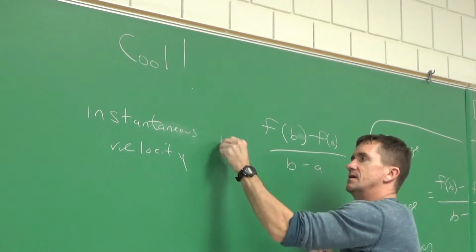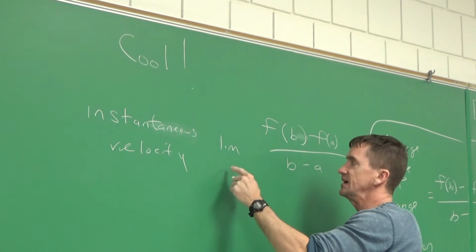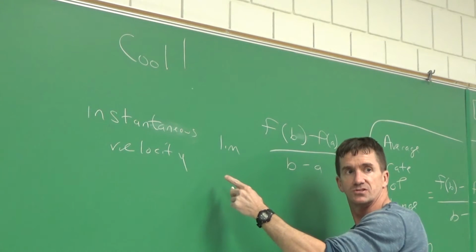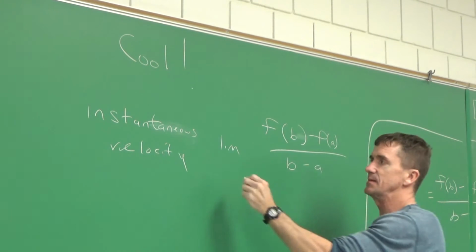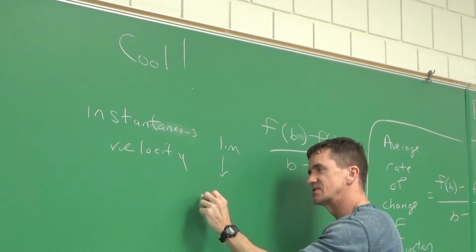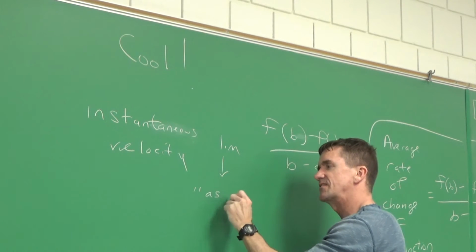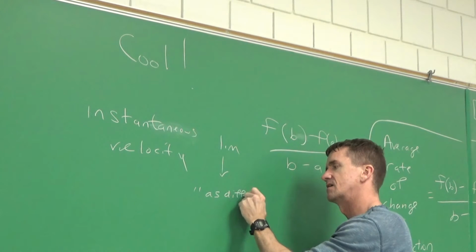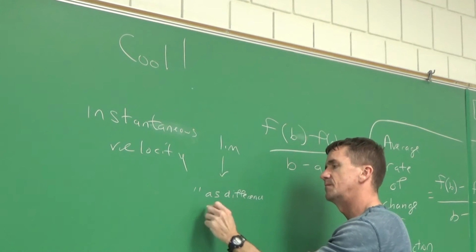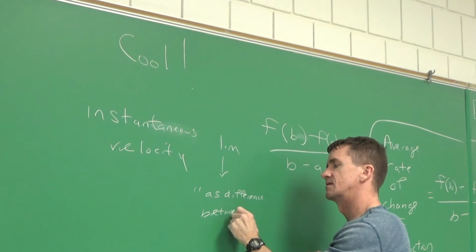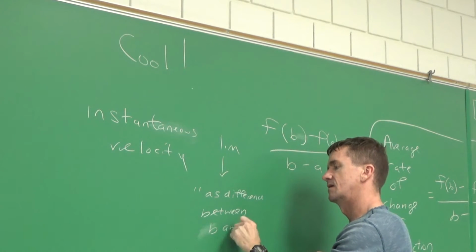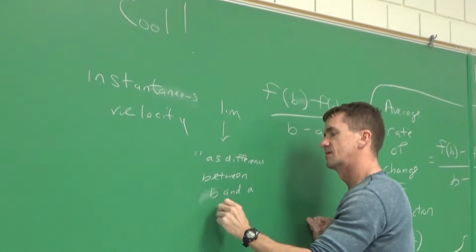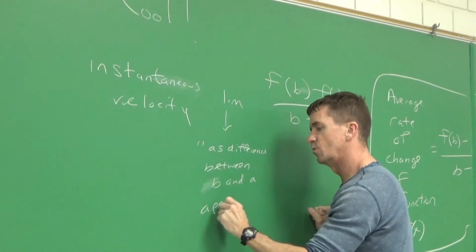But it's the limit as the difference between b and a approaches 0. So I'm going to put LIM for limit. It's the limit. And I'll just make a little note here and just say, as the difference between b and a approaches what difference?